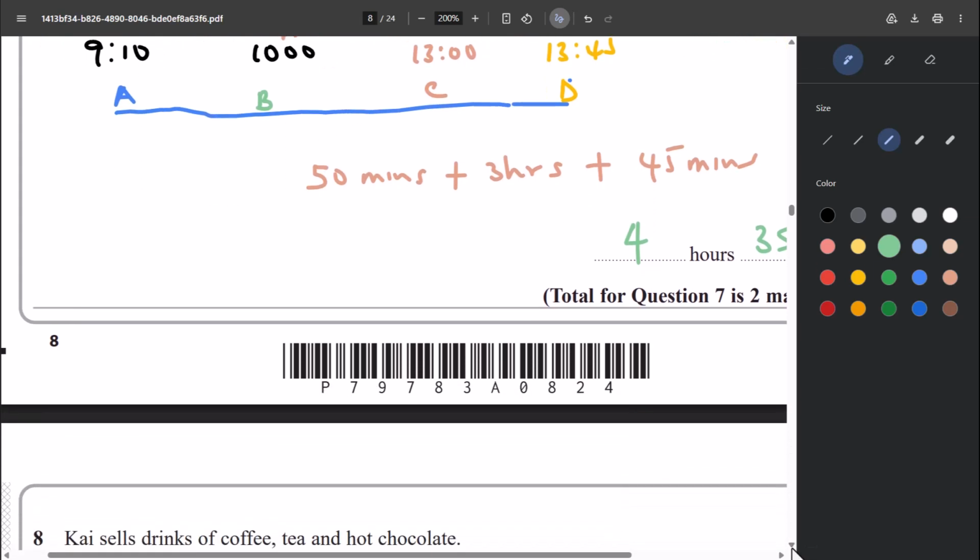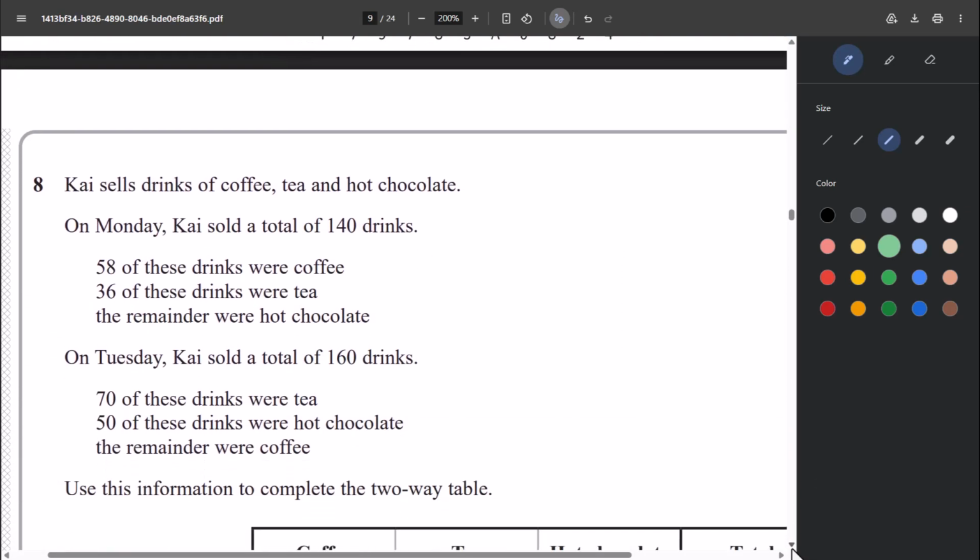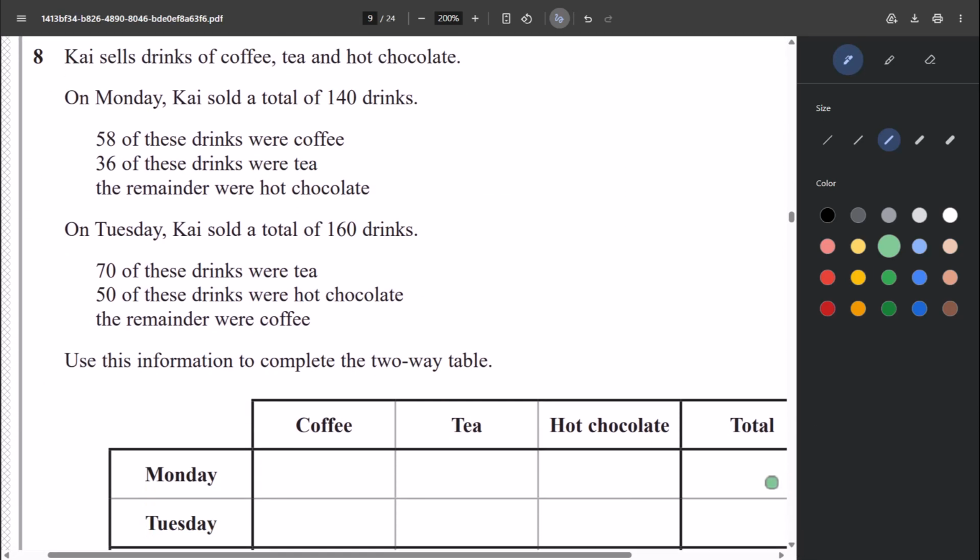So that's it, and we got all the questions here, which seems like a two-way table. Okay, let's see, we're going to get it done right. So we know Kai sells drinks of coffee, tea, and hot chocolates.